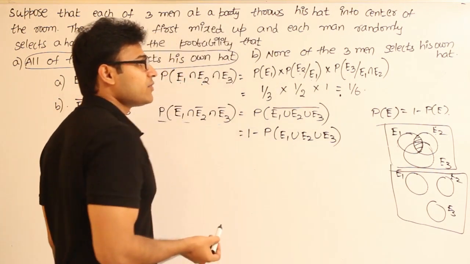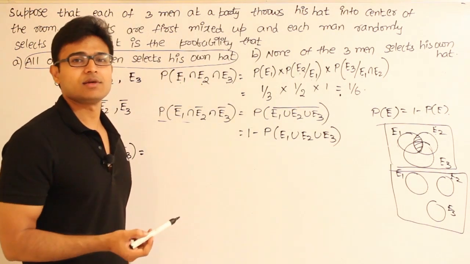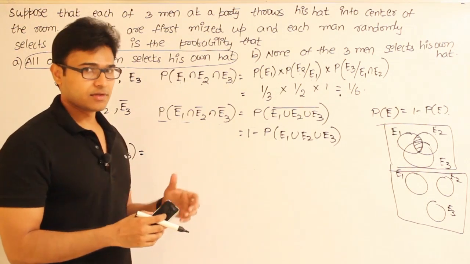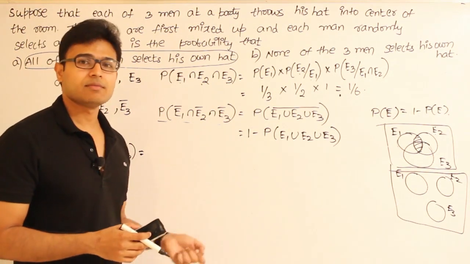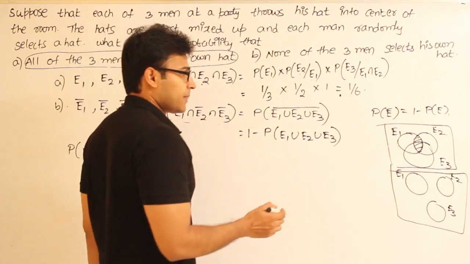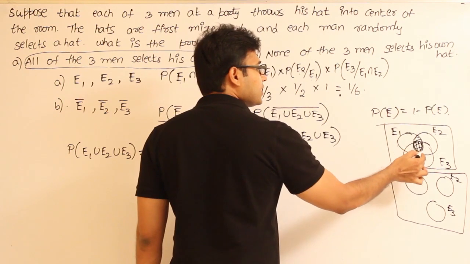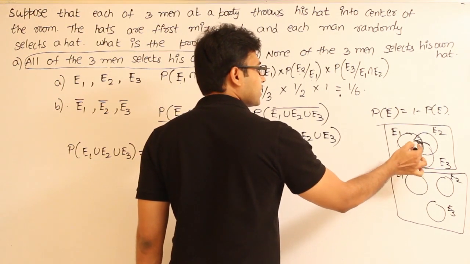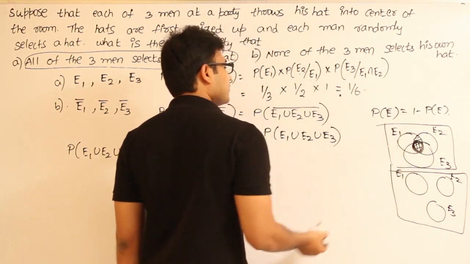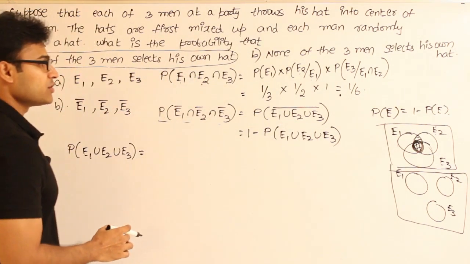Is there a probability for that or not? Yes, it is definitely probable. There is a chance that E1 and E2 will pick up their own hats. Similarly, will there be this event? Yes. What is this event? All 3 will pick up their own hats, right? So definitely all the areas are possible.